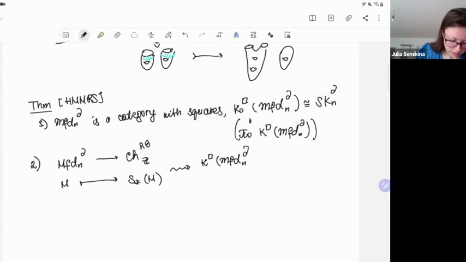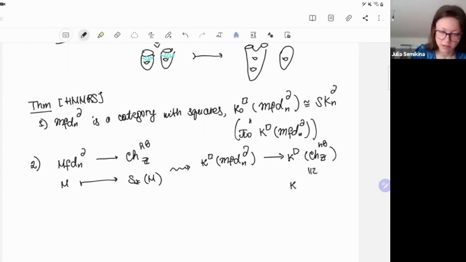And on the left-hand side, it will be the K-square spectrum of manifolds. And on the right-hand side, it will be the K-square spectrum of chain complexes. But as I told you, if we have a Waldhausen category, then it is the same as Waldhausen's construction.